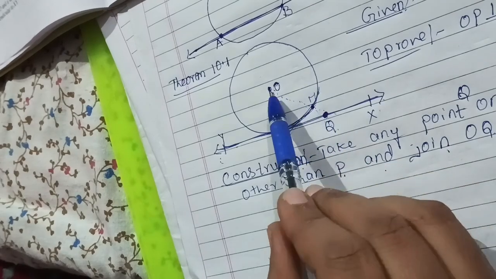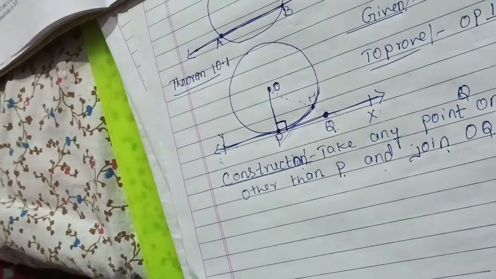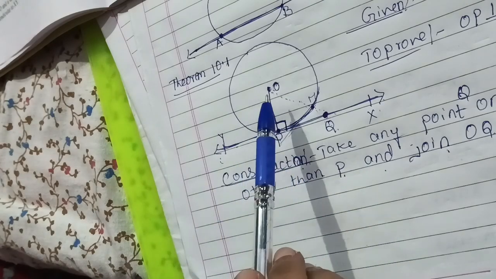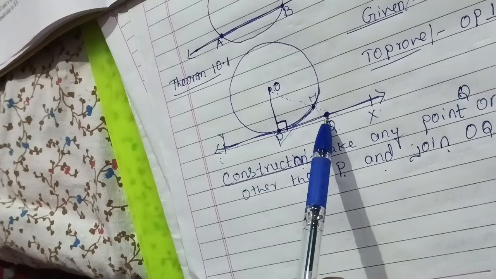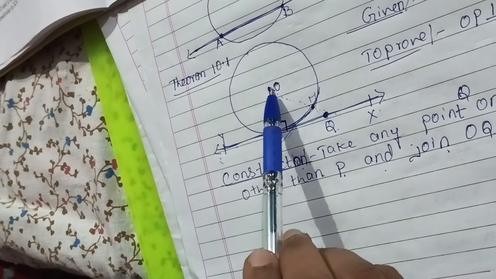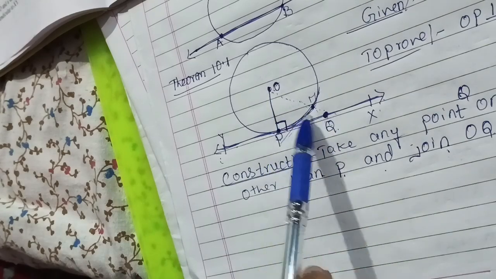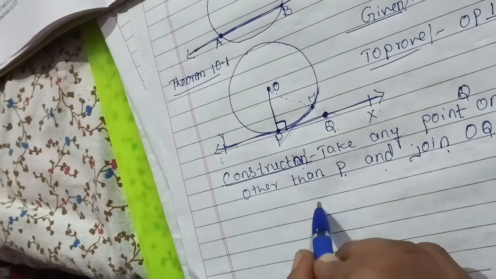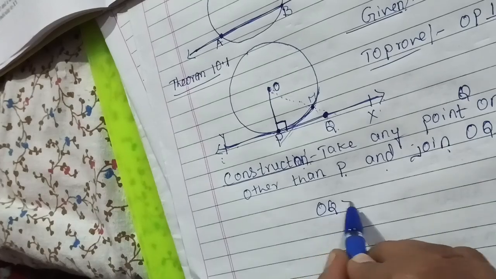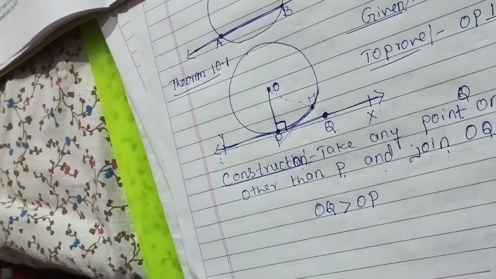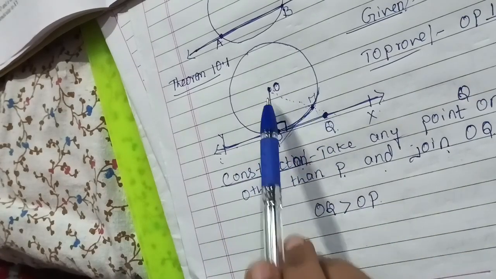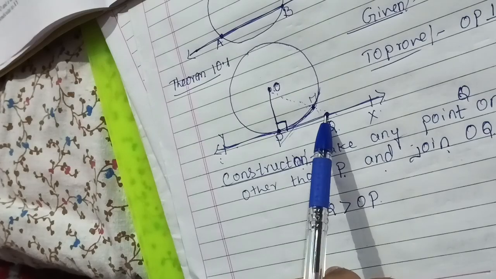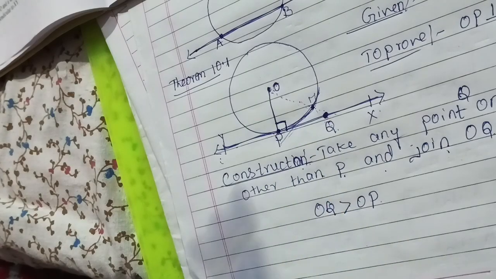When we compare OM and OQ, the longer side is OQ, because it extends outside the circle. So we can say that OQ is greater than OP, because Q is lying outside the circle.